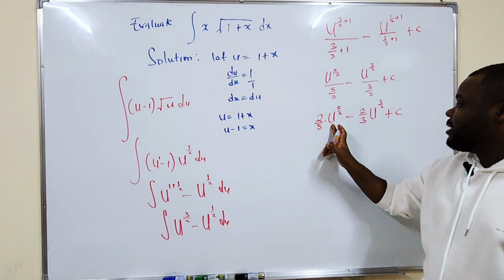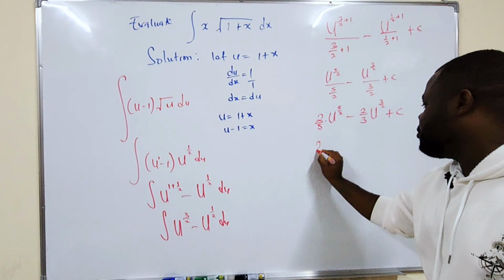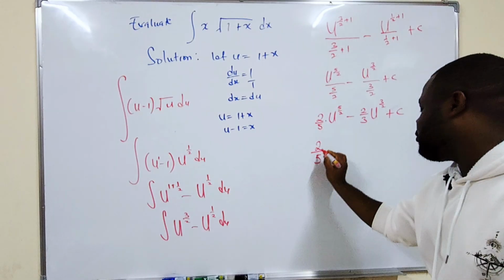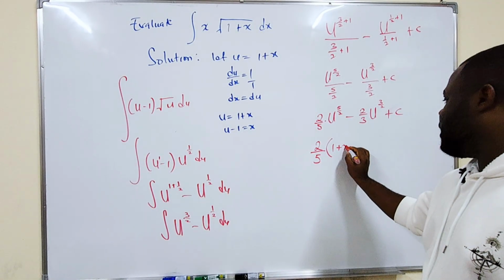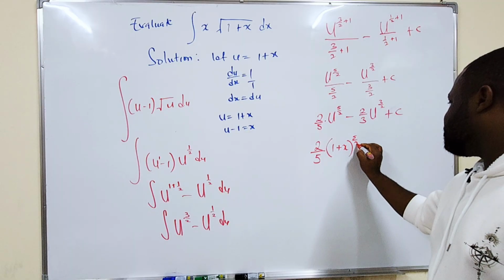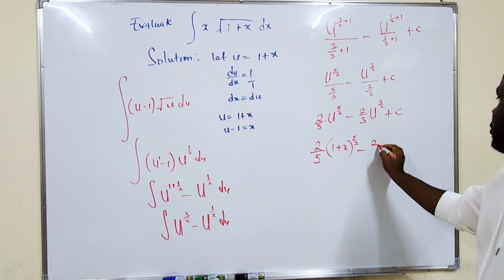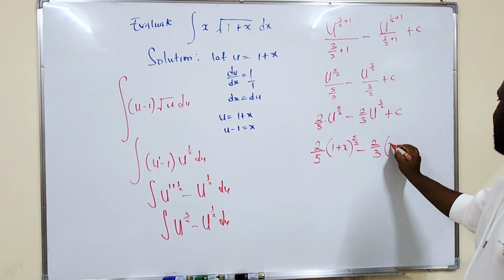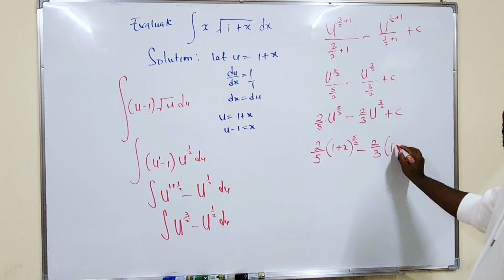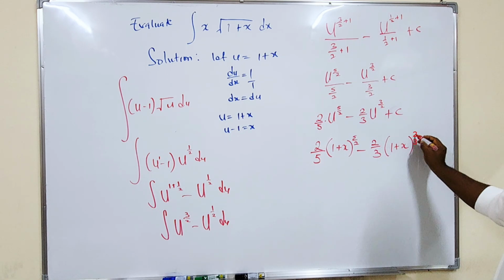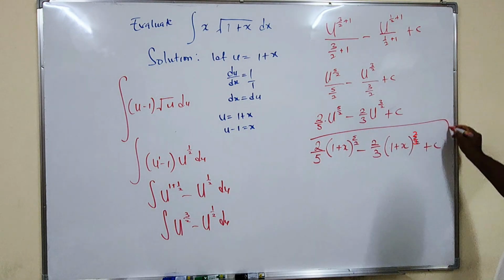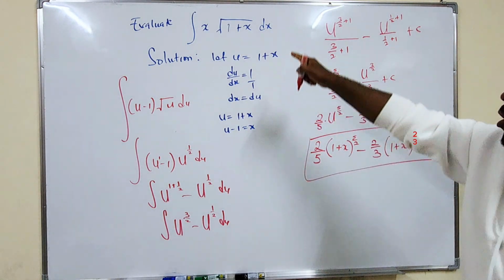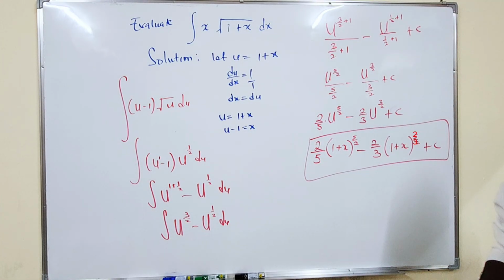Though remember that u, let's complete it. u is 1 plus x, so we have 2 over 5 times 1 plus x to the power 5 over 2, minus 2 over 3 times 1 plus x to the power 3 over 2, plus c. And this is our antiderivative of that function with respect to x.